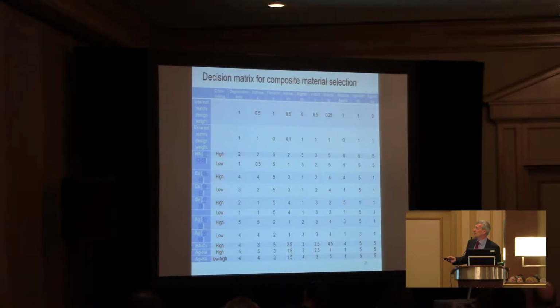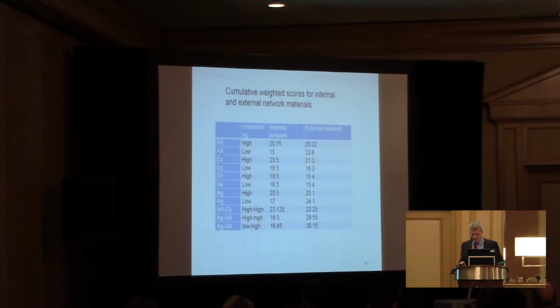And then we just basically, from the literature, for high and low concentrations of cross-linker, you try to put a number on for each aspect of your material, how good the material is going to be. And then you just calculate a composite score, and that allows you to basically rank the material and try to determine which one is the best for your application.